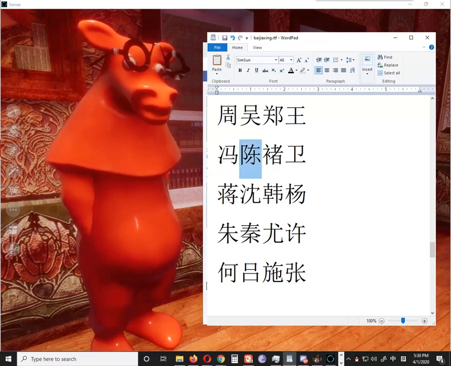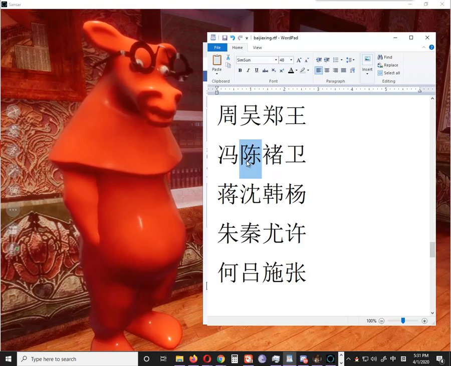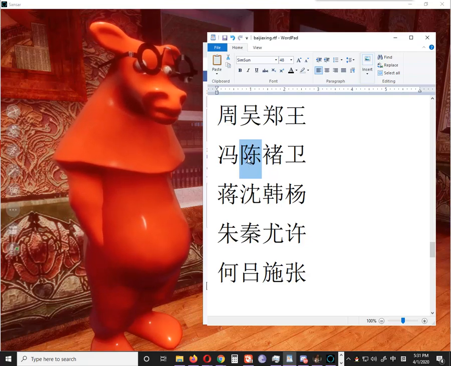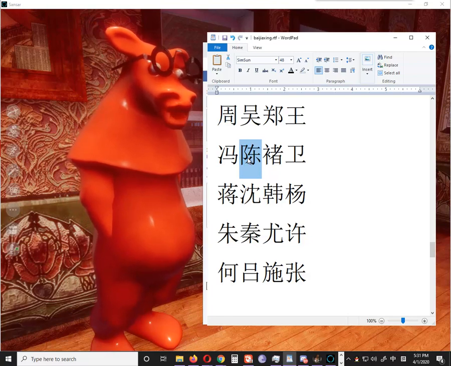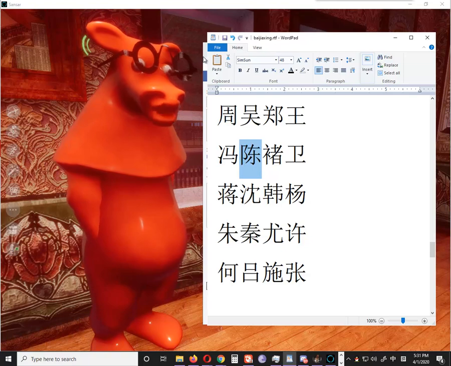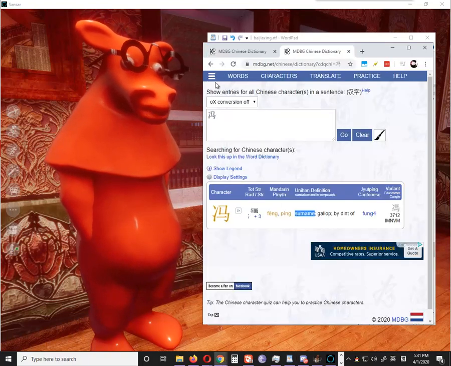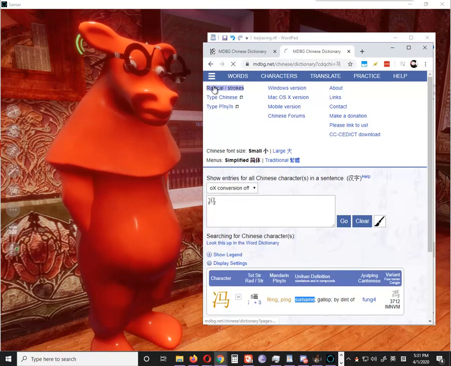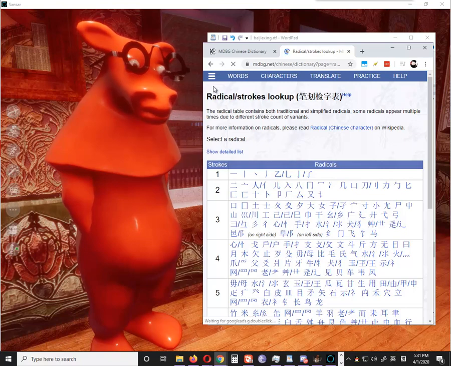Now, I'm moving right along. Chen. We have this thing that looks like a B, and what side is it on? It's on the left, not the right, right? Got it? Okay, let's go look it up. It's in the radical section, on the right side.